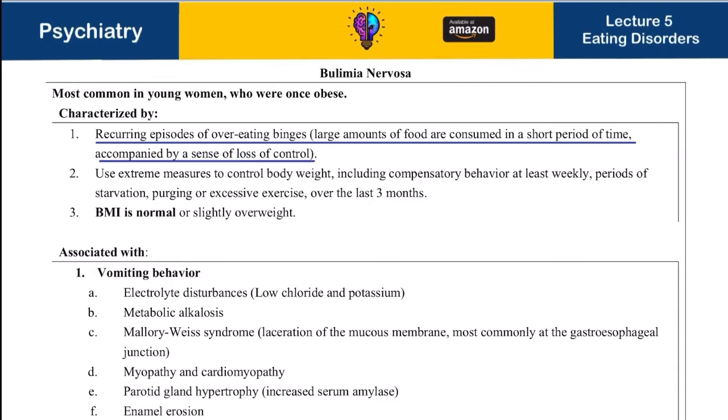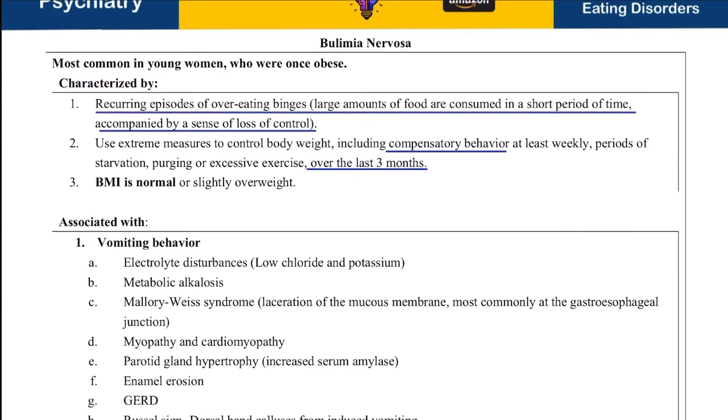And then once they are done eating, they will feel a sense of loss of control. So then they need to take extreme measures to control their body weight, including compensatory behaviors, at least weekly. This is called compensatory behavior. Periods of starvation, purging, excess exercise over the last 3 months. The BMI will be normal or slightly overweight.